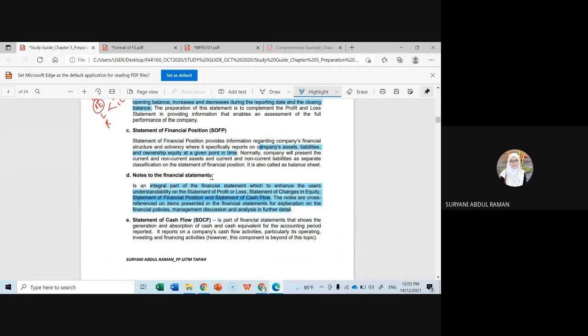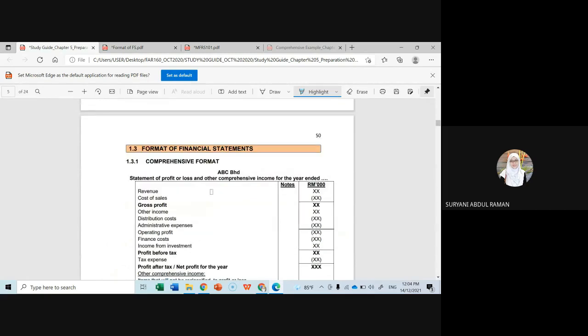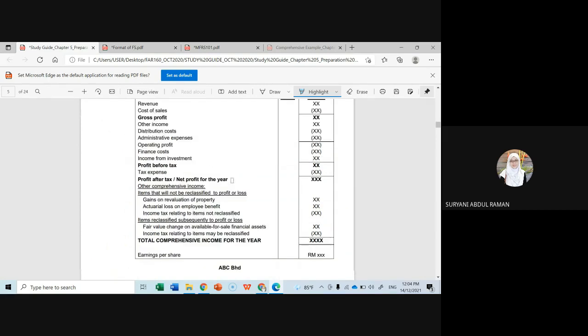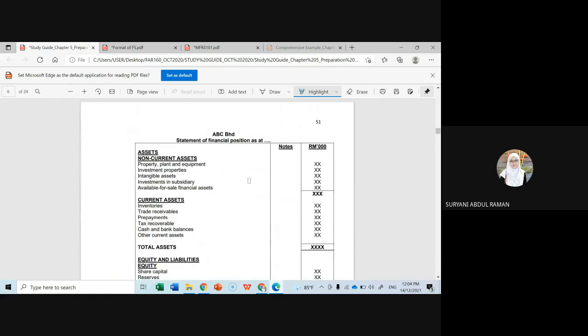So as your assignment, okay, I want you to read on the format. Actually I have explained a bit on the format. For information, I have supplied you with the format which consists of the comprehensive format. This is a comprehensive one, which includes all the possible items.